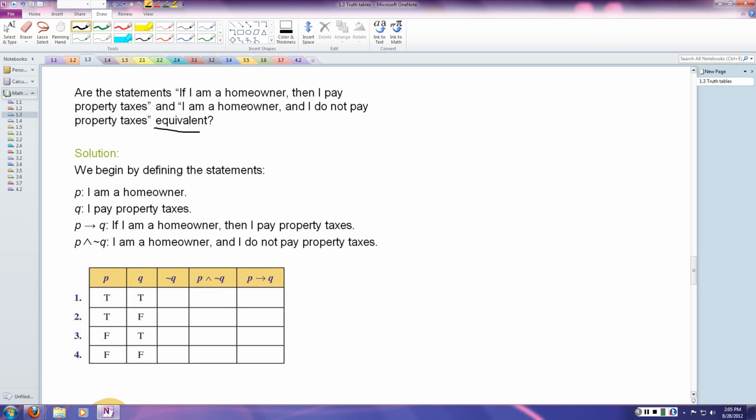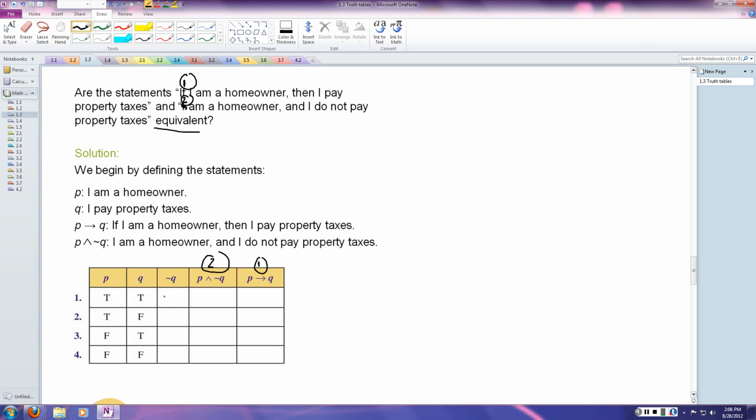And I am a homeowner and I do not pay property taxes would be represented here. So this would be 2 and this would be 1. So this statement 1 and this statement 2. And we're going to see if they're equivalent. So not Q would be everywhere I have a true or false on Q, I switch it.